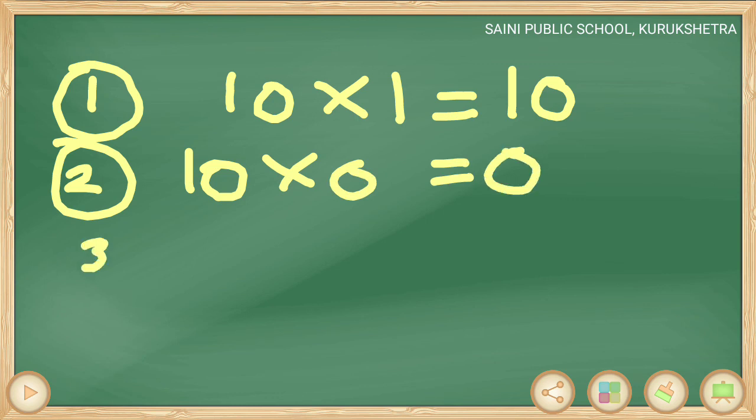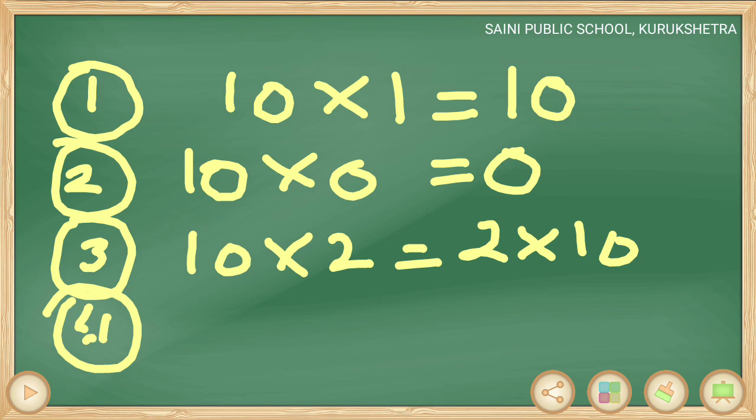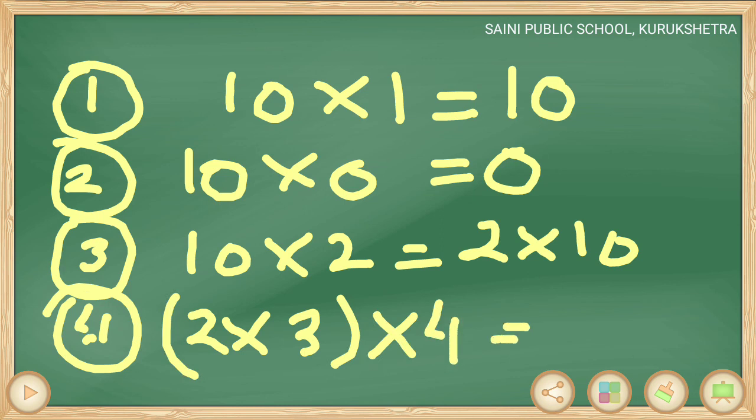Third property says a change in order doesn't change their product. Means if I am writing 10 into 2, it is equal to 2 into 10. Fourth property says a change in grouping of three numbers doesn't change their product.